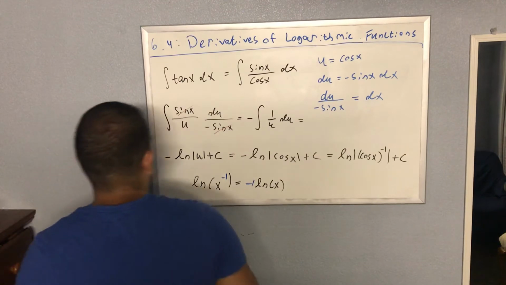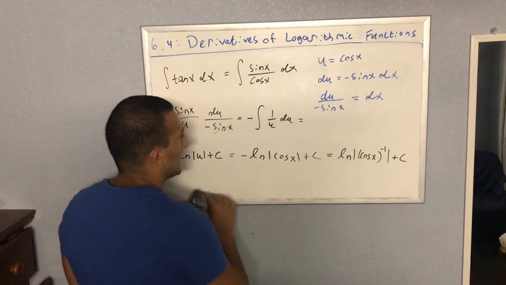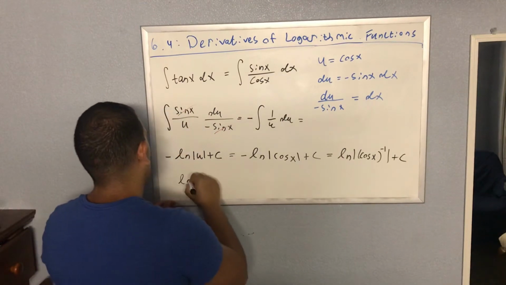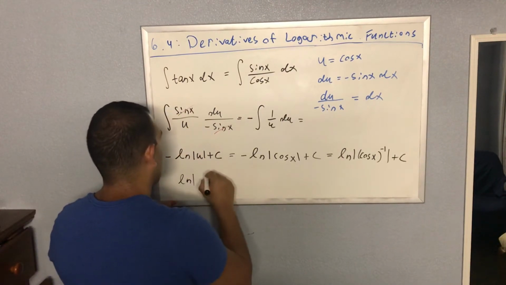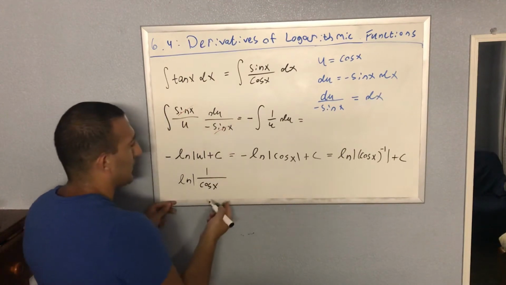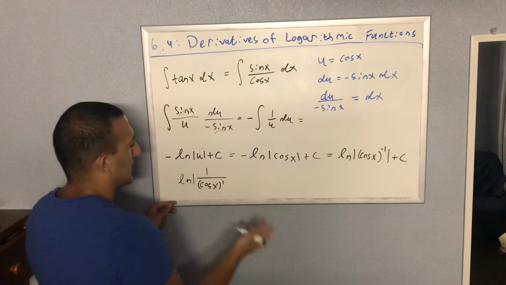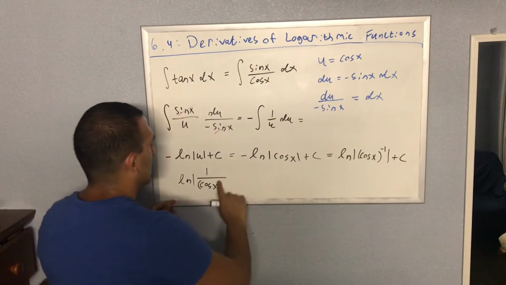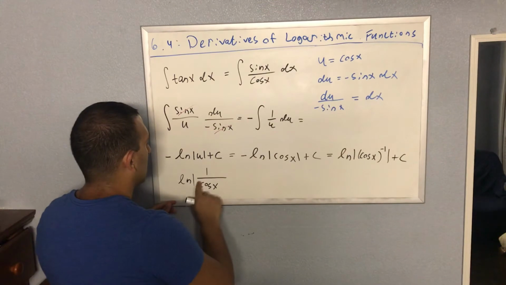And then when you raise something to the negative 1 power, like we said, it's the same as just taking that same thing and raising it to the positive power, but the reciprocal. But raising cosine x to the first power is just cosine x, right? So this is just 1 over cosine x.